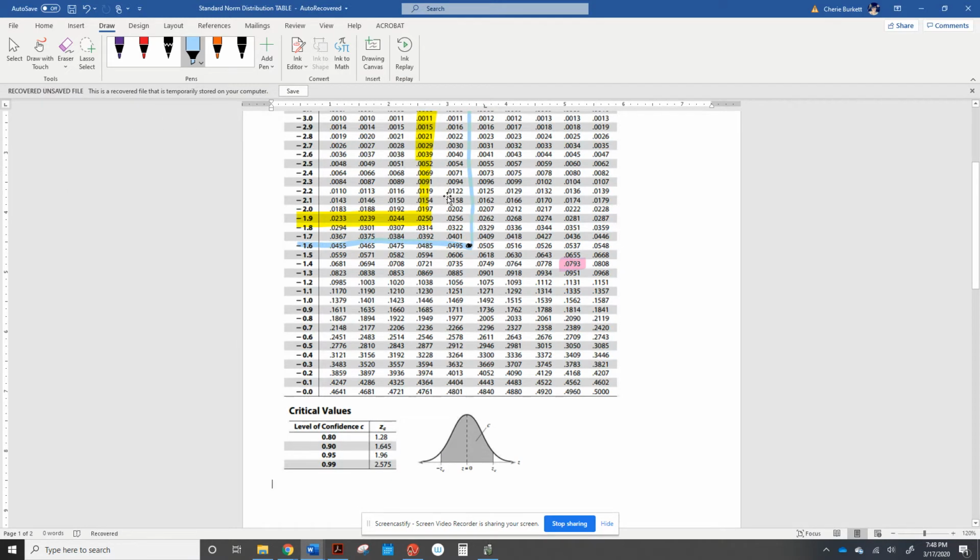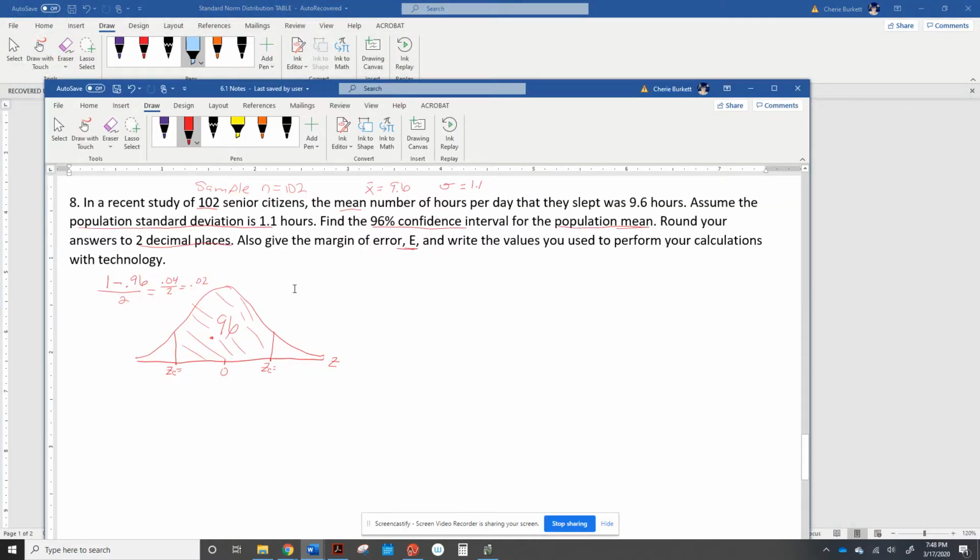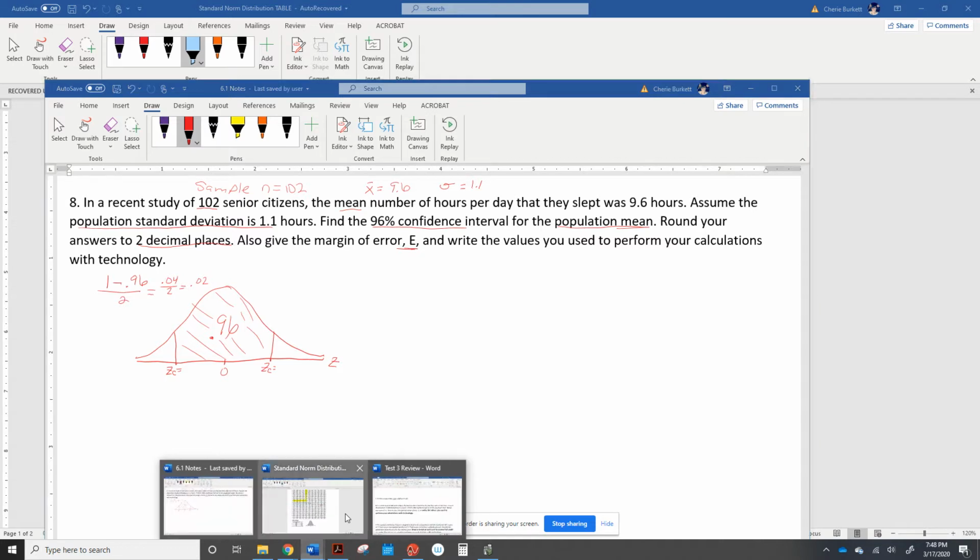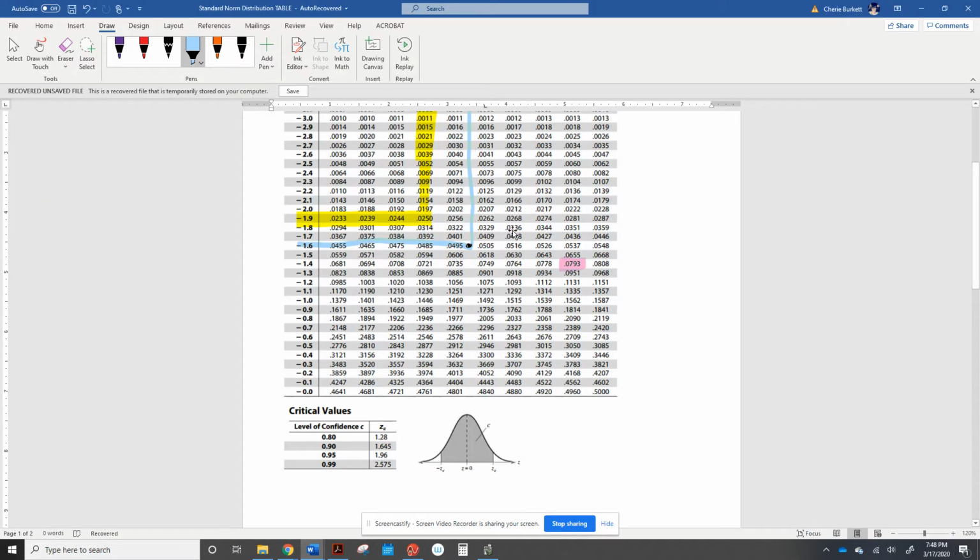So what am I looking for? 0.02. We're looking for an area of 0.02. So it's going to be pretty close in between there.